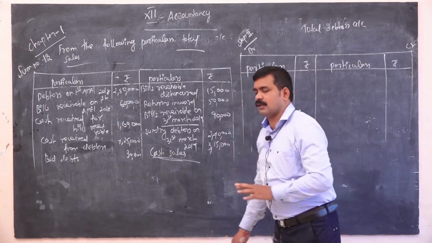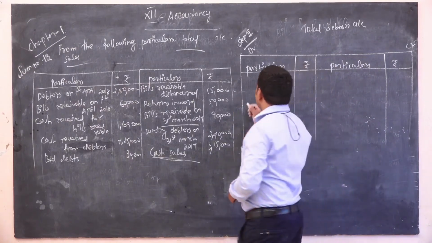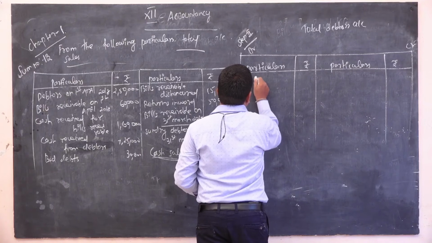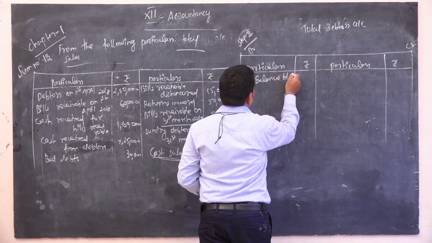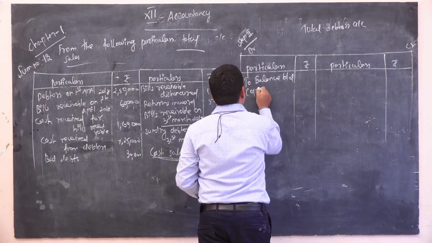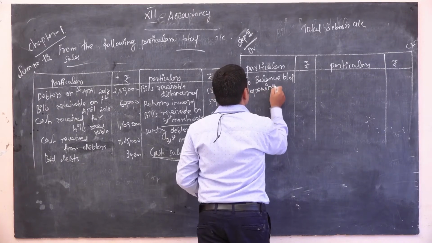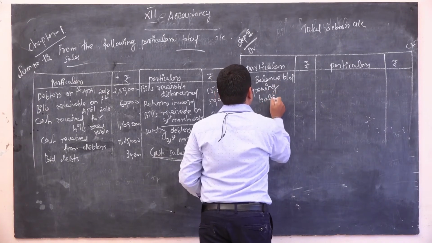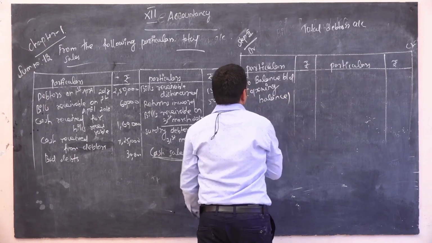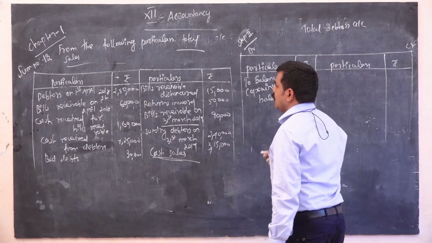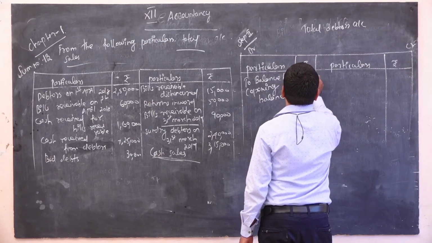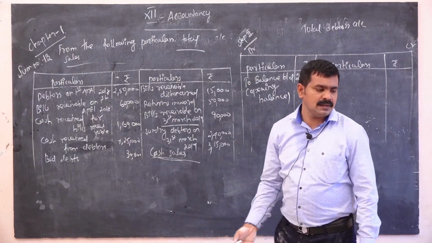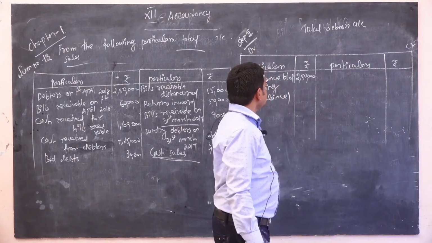What is the first amount? Opening balance, to balance brought down. The amount is 2,50,000.